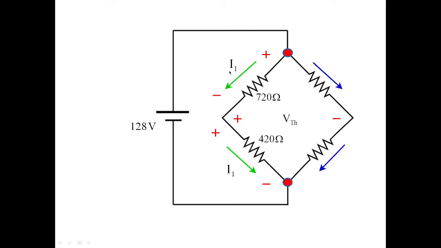You can see I1 is flowing in 720 ohms and the same current is in series with 420 ohms, so the same current is flowing. That is how we have estimated the branch current flowing in this resistor as well as in this resistor. We have voltage and we have resistors, so we can find the value of the branch current I1 with the help of Ohm's law.